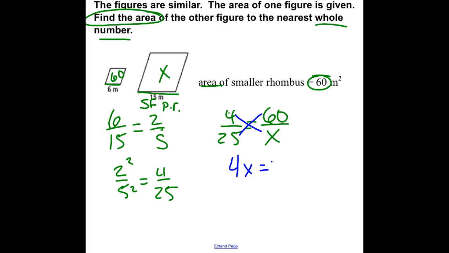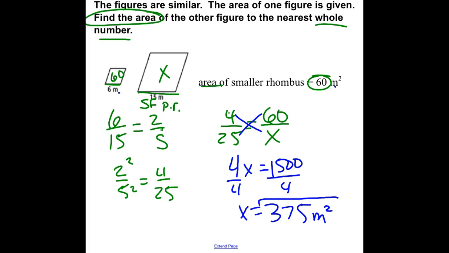That's 1500. Then I just divide both sides by 4. I get 375. I do need to give it a label. It's an area. These are all in meters for the units, but it's area, so I square it. Okay.